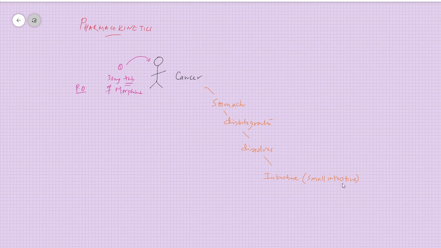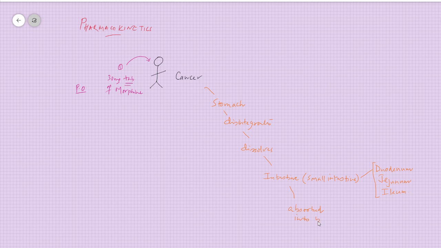What are the parts of the small intestine? Duodenum, jejunum, and the terminal ileum. So from the small intestine, it gets absorbed. Absorbed where?